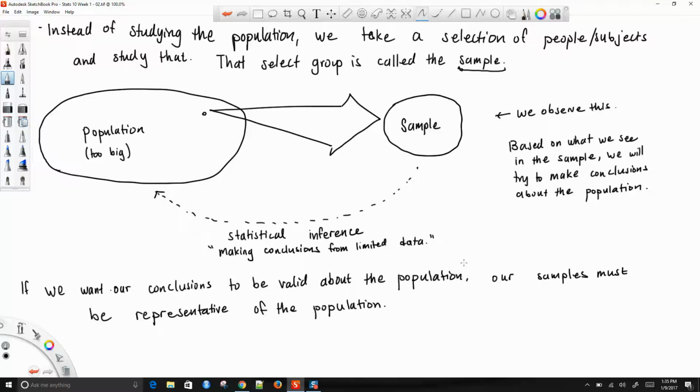And if our sample is not representative, then we would say this is a biased sample, okay? And we experienced some issues with this, right?